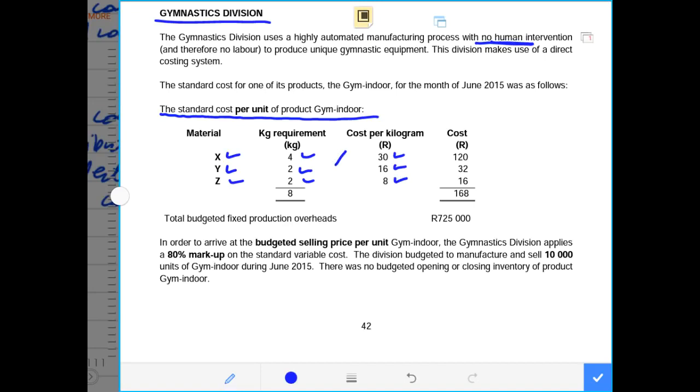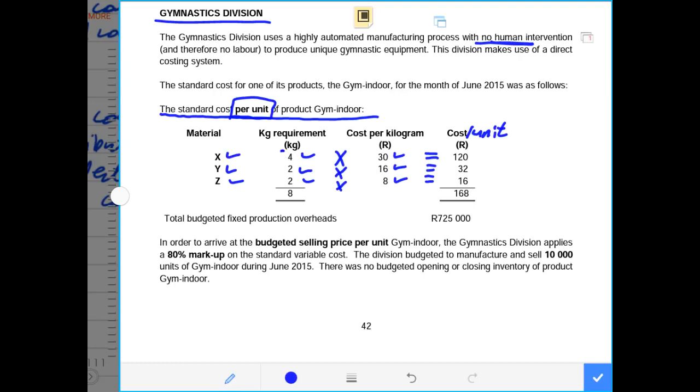That will give us the cost of material per unit. In fact, they already said that it is per unit.